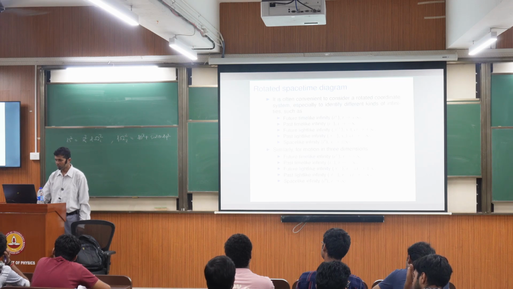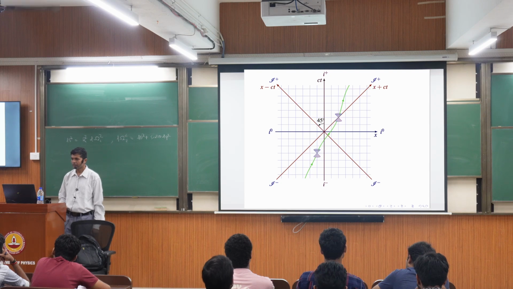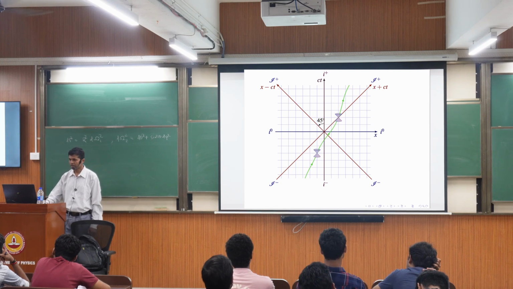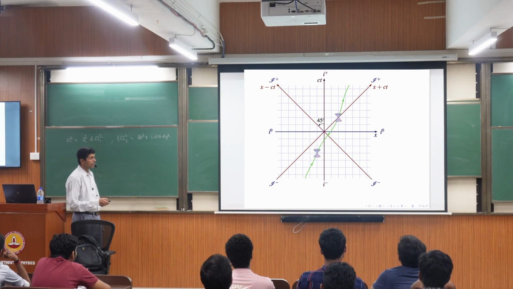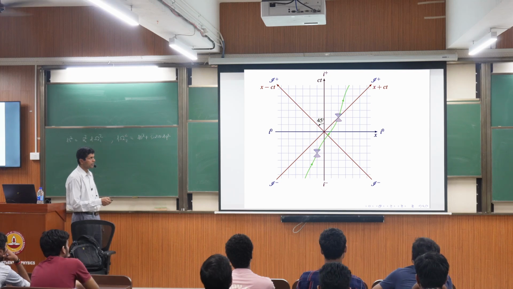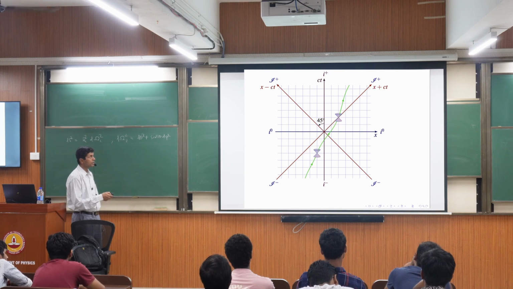I am drawing the same diagram here, the only thing is that here I am indicating all the infinities. So this light signal, as time goes to infinity, can go to scri plus. It can also go to scri plus here.